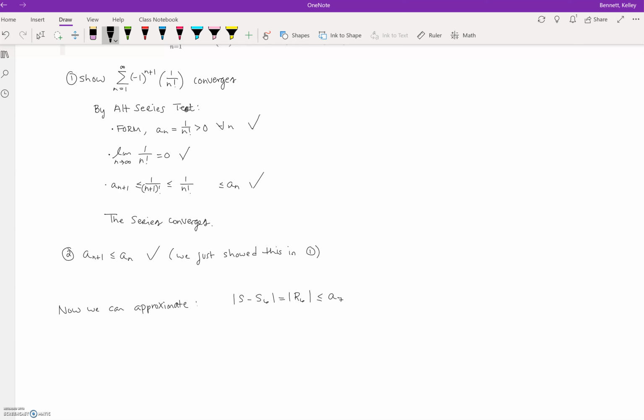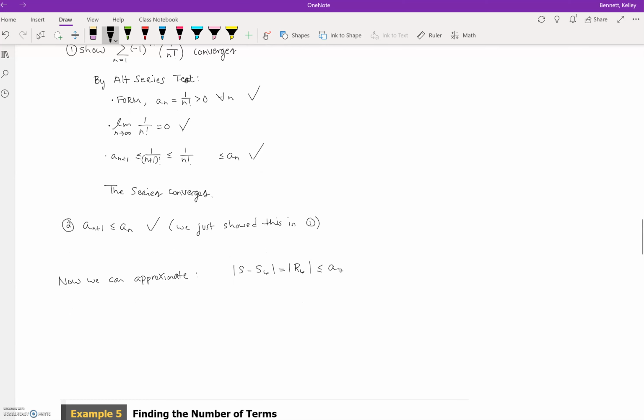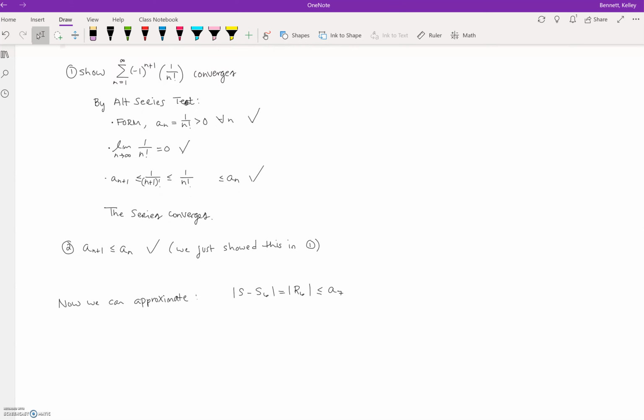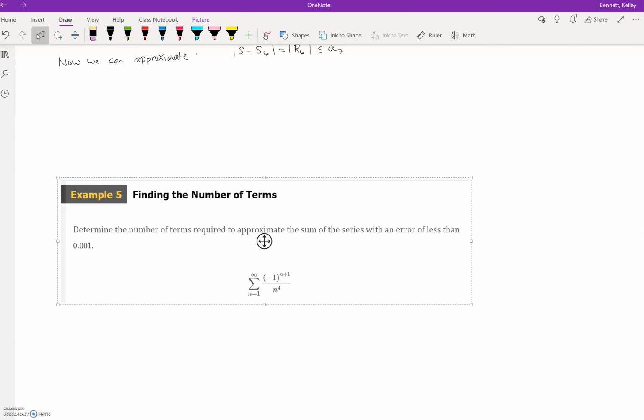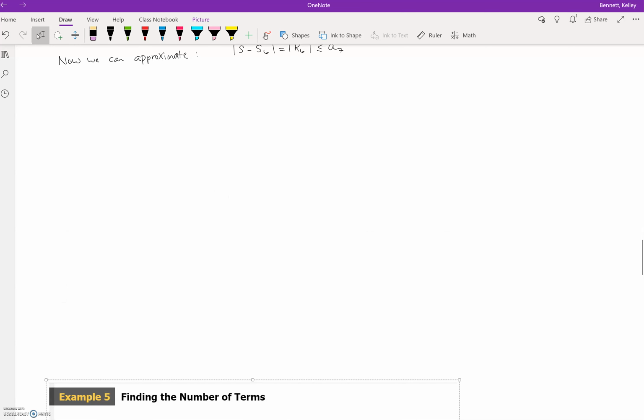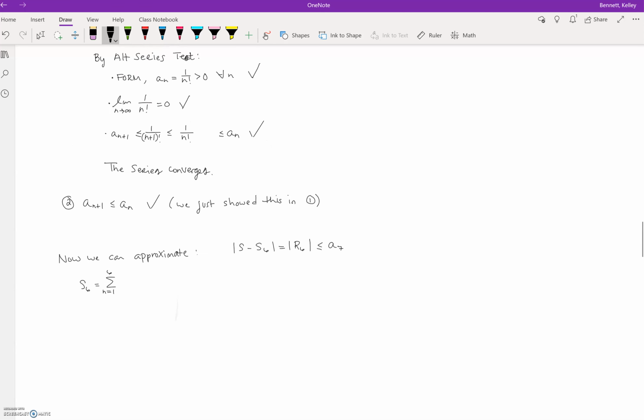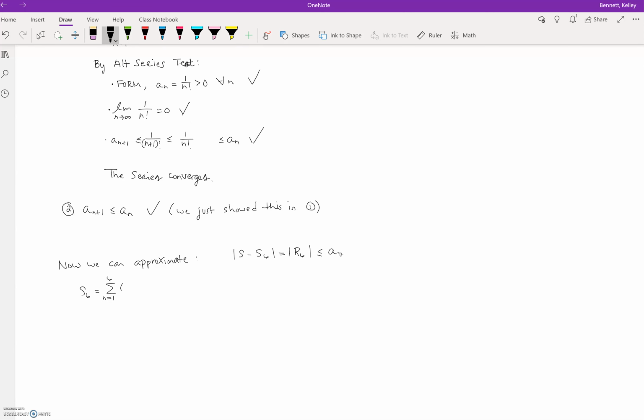And so we're going to end up with an inequality. First of all, S6 is the sum from n equals 1 to 6 of negative 1 to the n plus 1 times 1 over n factorial.